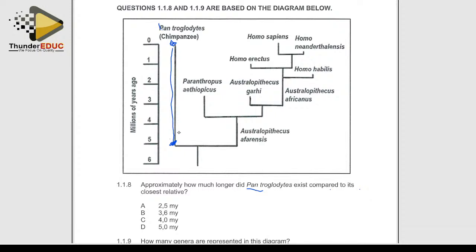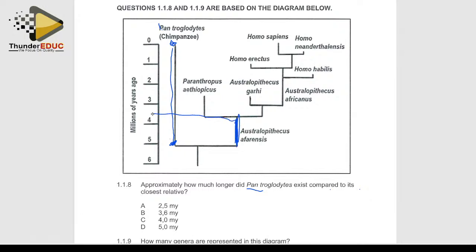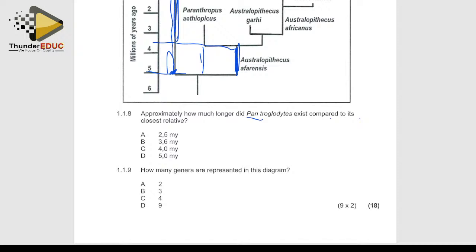If you look at it, this was the relative it had. So we have to subtract this from that, and then we get remaining with that, meaning that's how much it existed beyond that point.